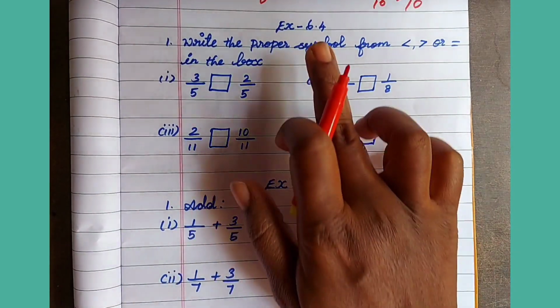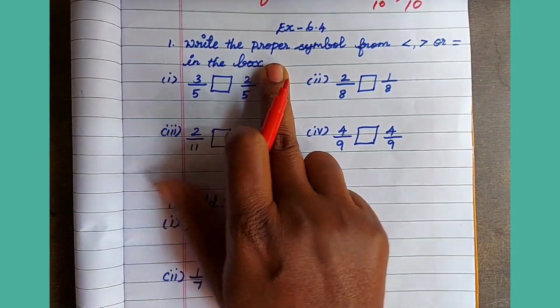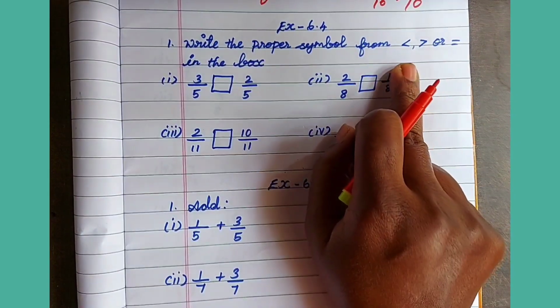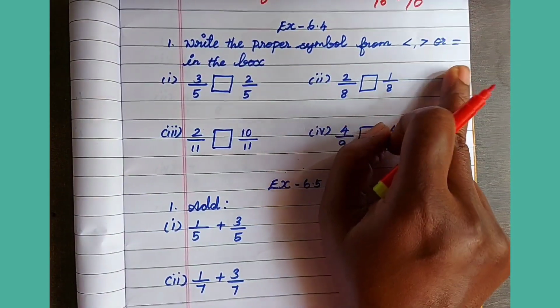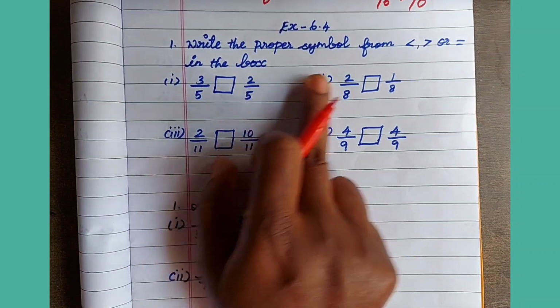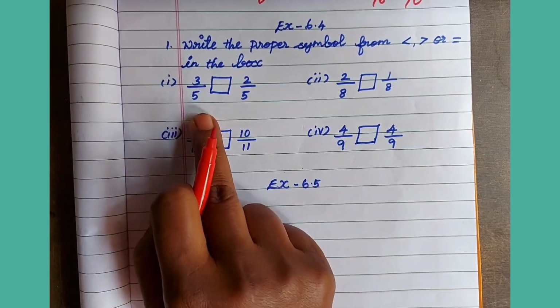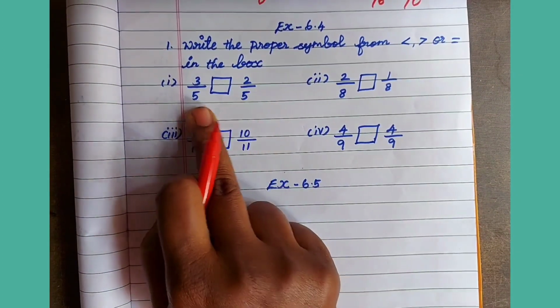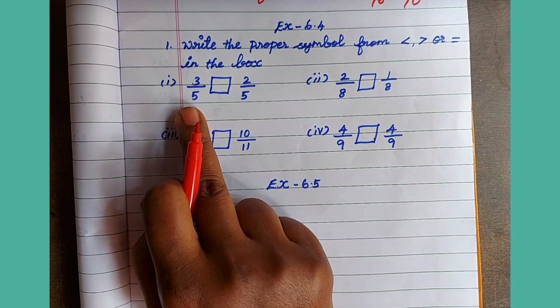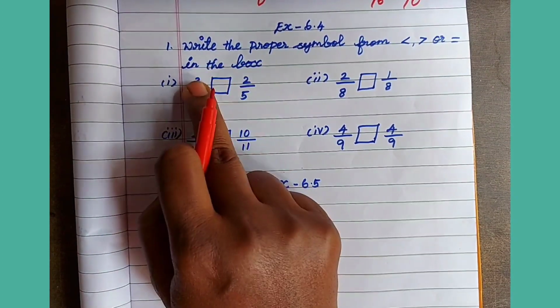Next, exercise 6.4. First one, write the proper symbol for less than, greater than, or equal in the box. We have to use the symbol to find the answer. First one, 3 by 5, 2 by 5. Children, see the denominator value. If the denominator is the same, we have to see the numerator value.